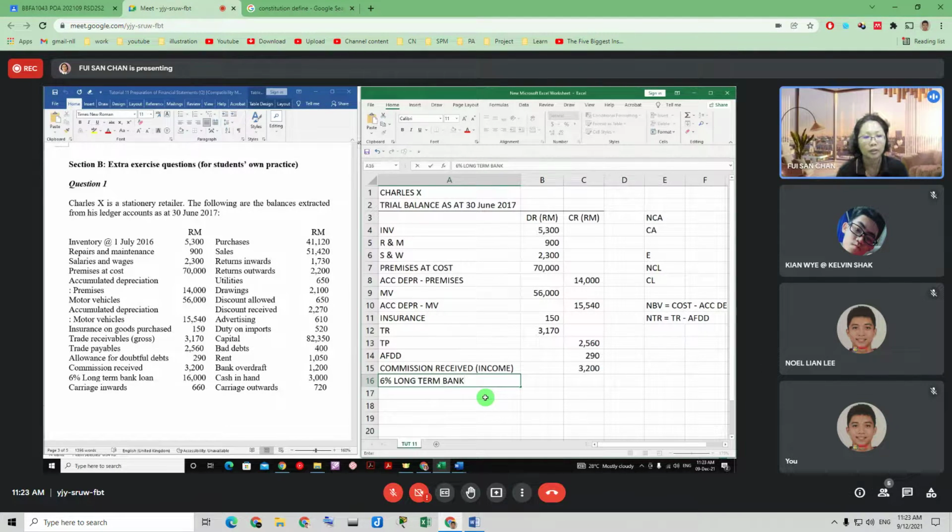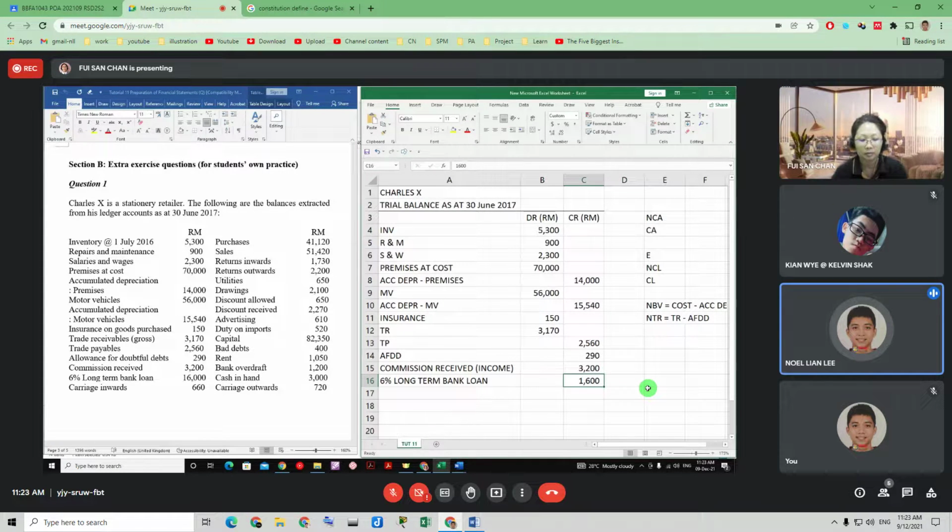Credit, but in your SOFP, it is under non-current liability. Yes, this is non-current liability. Miss, I want to ask. If the loan is to be paid within 1 year, do we still categorize it under non-current liability?